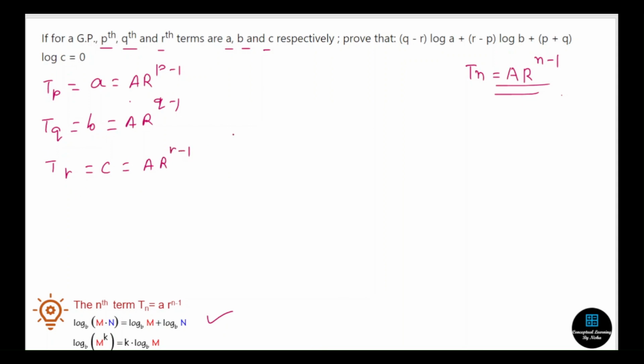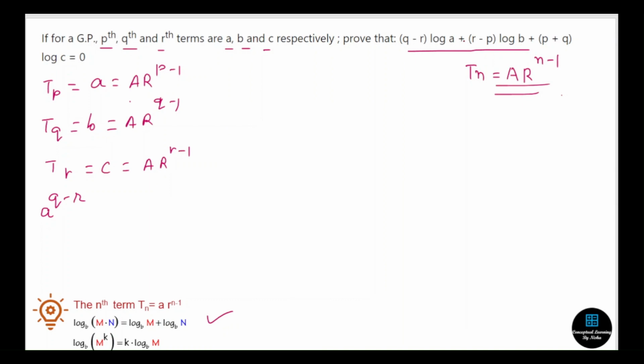Okay. Now this question only gives me a hint that I have to take a raised to q minus r by applying the product and power rule of the logarithms. So first of all I'll write a to the power q minus r.